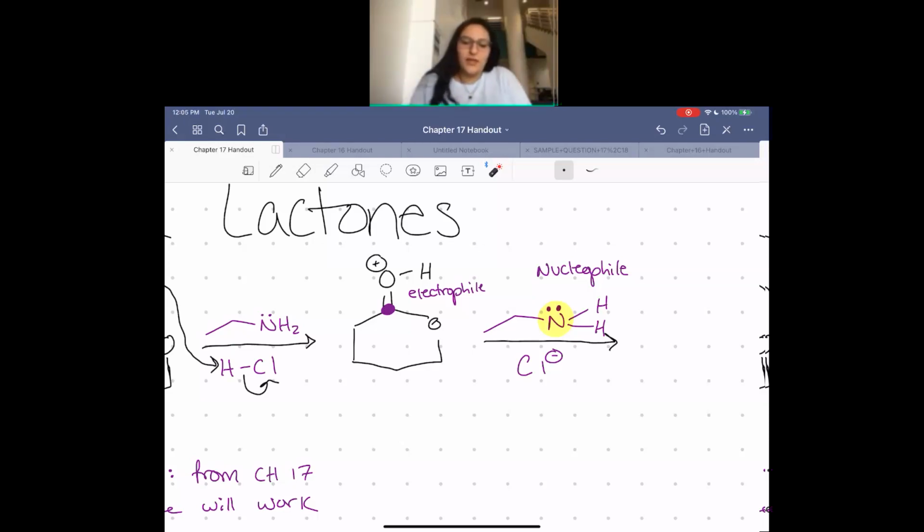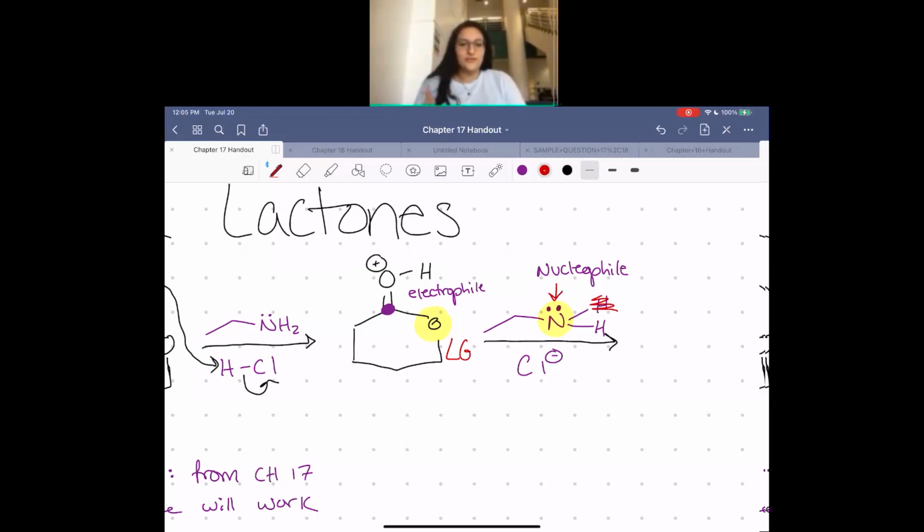So for a chapter 17 question, we can do easy peasy lemon squeezy. We find the leaving group. We already found the nucleophile. And we get rid of a hydrogen. So the tricky part here is it's in a ring.